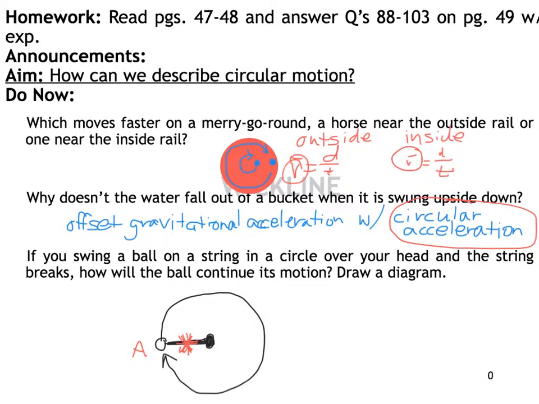Newton's first law says that it will continue moving in the way it was moving when this force was removed. And therefore, at this moment it was actually moving in this direction. And if you waited just one moment longer, it would change direction because it needs to follow the path of the circle. But at this moment, just this one moment in time, it's moving this way. So if you broke the string at that moment, then the ball is going to take that path. We call that path a tangent to the curve, or you could say perpendicular to the radius.